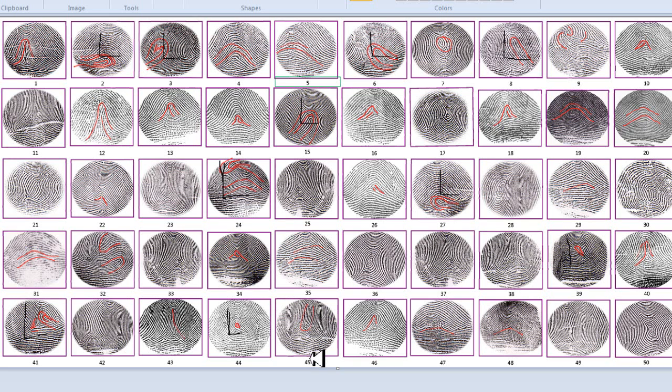Number 45, 46, 47, 48, 49, and 50, neither of them are loops.